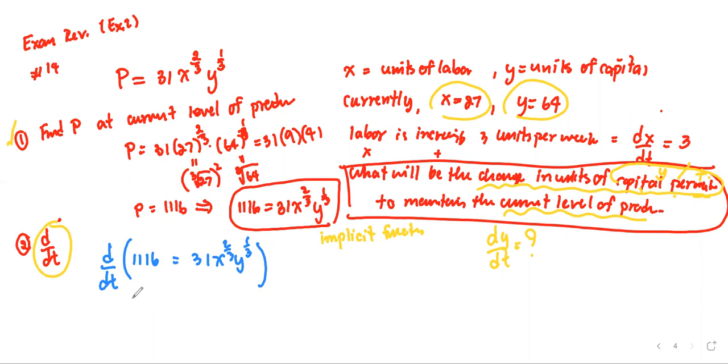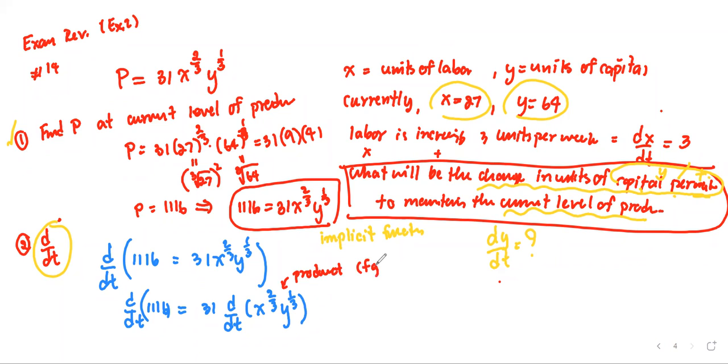The left side, I'm going to rewrite as d/dt of 1116 equals 31 as a coefficient, d/dt of x to the power 2/3 times y to the power 1/3. We have one term on the left and one term on the right, but the term on the right side is in product form. So this is a product. We're going to apply the product rule, same as before: f times g prime plus f prime times g.